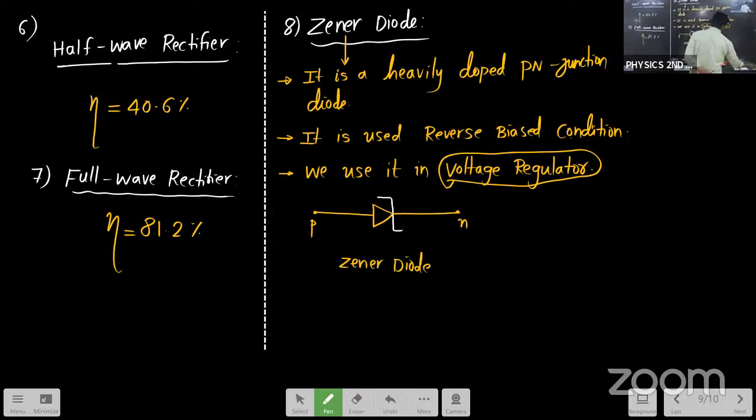Now let us discuss the next important question from semiconductor devices, and that is the circuit symbol for NPN and PNP transistor. So, what is that question? How many questions have we discussed? 8.